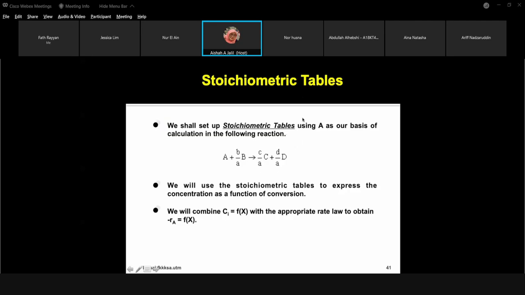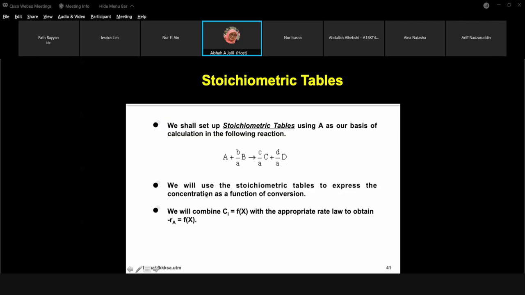For this easiest example, they use A as the limiting reactant, meaning as the basis of the calculation. So all of the species stoichiometry must be divided by A like this.